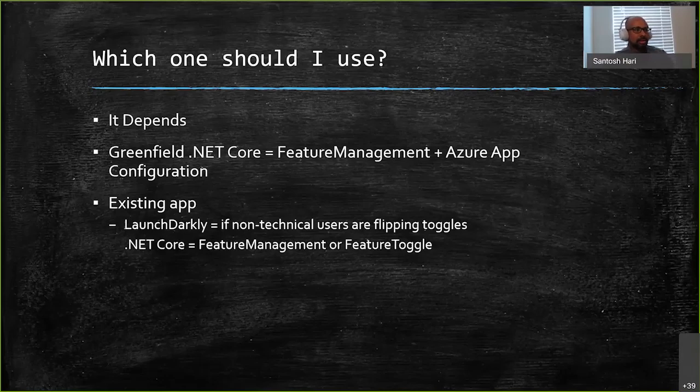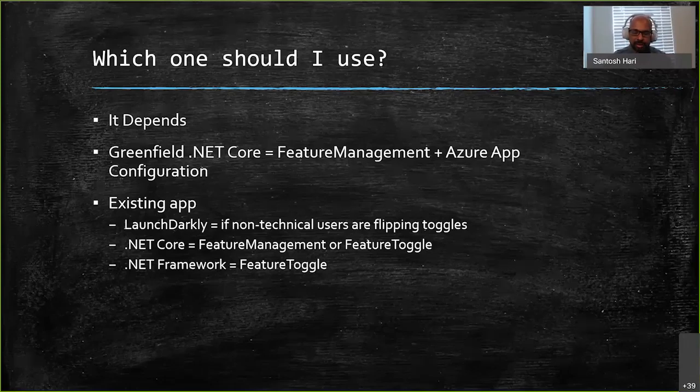If .NET Core is what the system is in, you can use feature management or feature toggles. And for .NET Framework, especially the older versions, you may want to use FeatureToggle because it has libraries for older versions, and feature management seems to be more forward-looking.